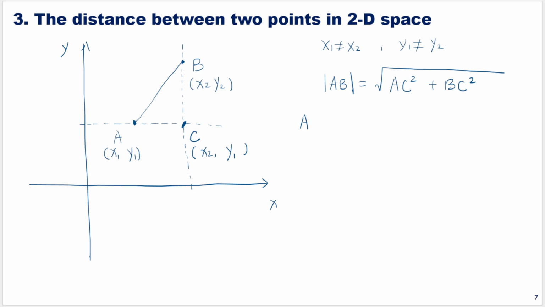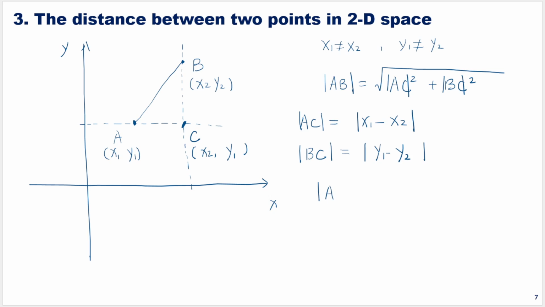And then we know the distance between A and C should equal the difference between their x coordinates, the absolute value of x1 minus x2. This is the distance between A and C. And the distance between B and C, again, this is a one-dimensional case because BC is parallel to the y-axis. So the distance between B and C is the absolute value of y1 minus y2, right?